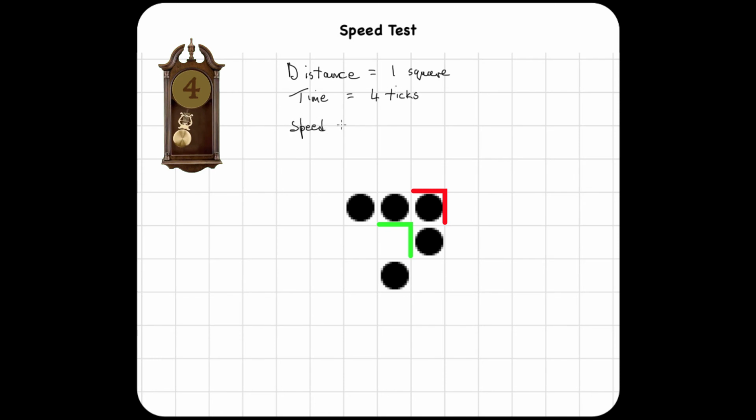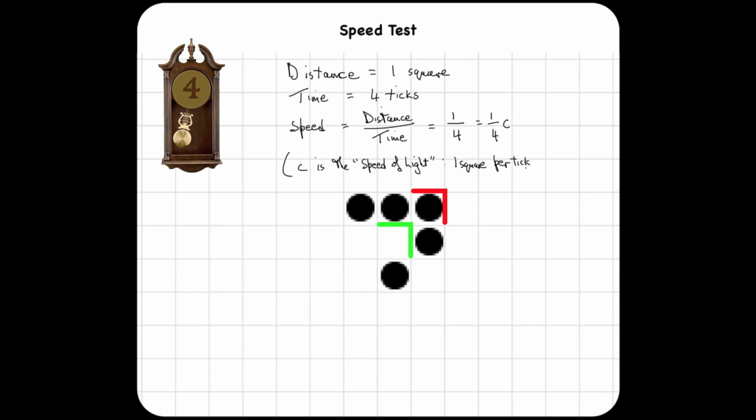So its speed, using the familiar formula, distance divided by time, well, that gives us 1 divided by 4, and that's 1/4 the speed of light. So that's its speed. Certainly slower than the other 3 spaceships. In fact, it's going at half their speed. Their speed was 1/2 c. This speed is 1/4 c.